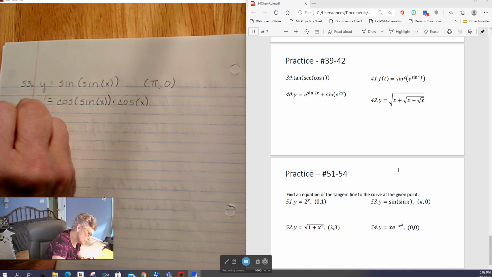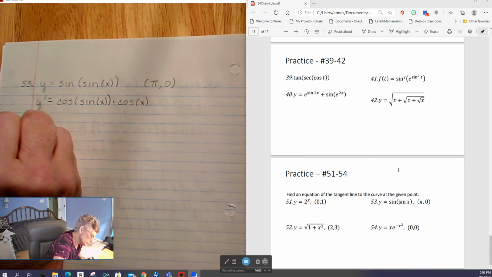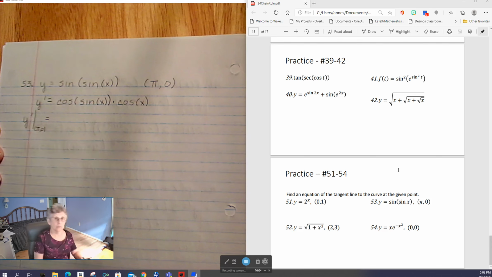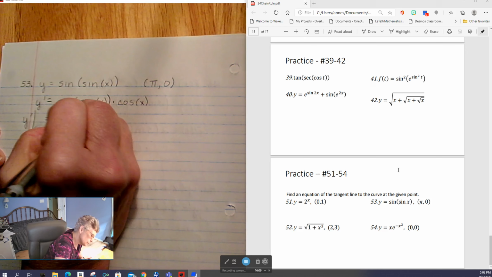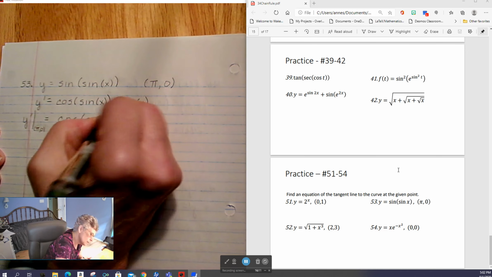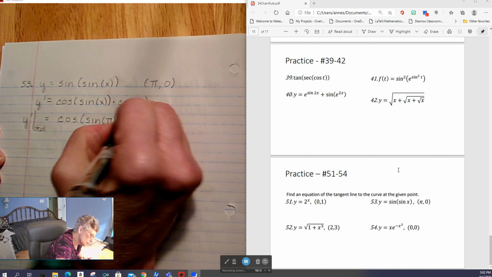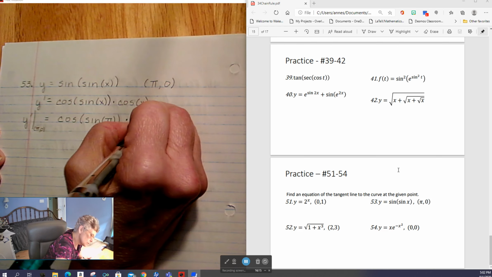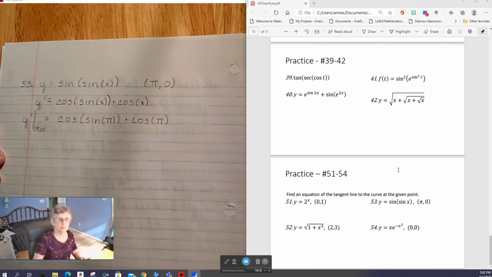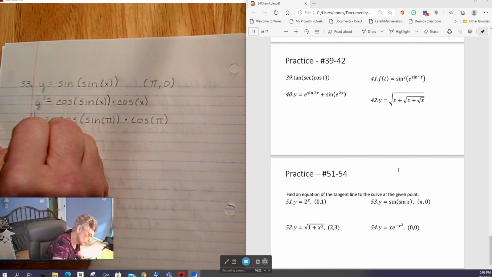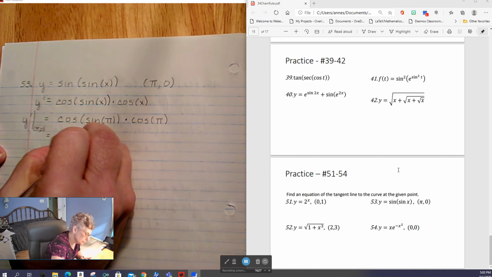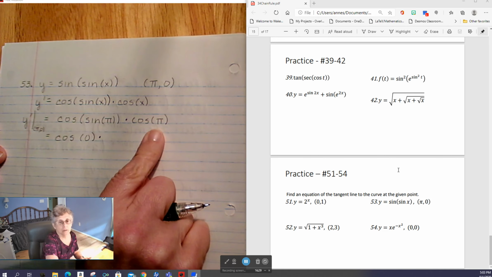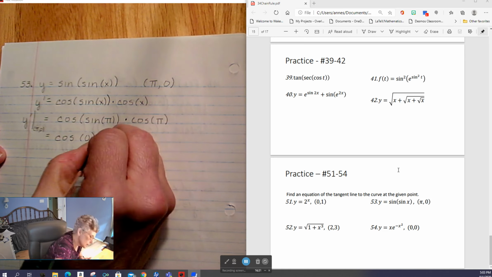So I want to evaluate this thing when x is equal to pi. Now, cosine of sine of pi times the cosine of pi. Well, sine of pi is 0. Cosine of pi is negative 1.